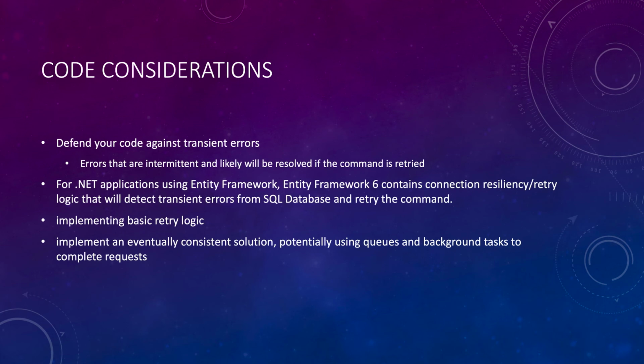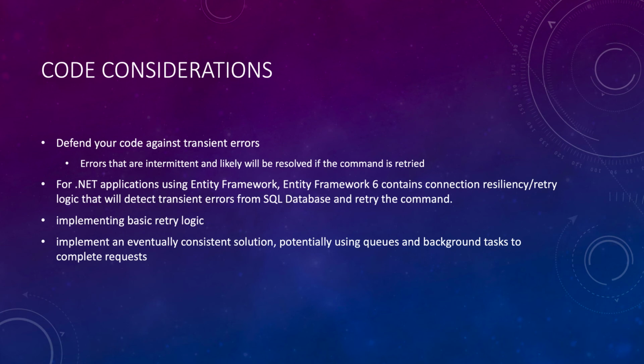When writing code against SQL database, it is important to defend your code against transient errors. Transient errors are errors that are intermittent and likely will be resolved if the command is retried. These errors are more common with SQL database than with a database accessed via a local area network.